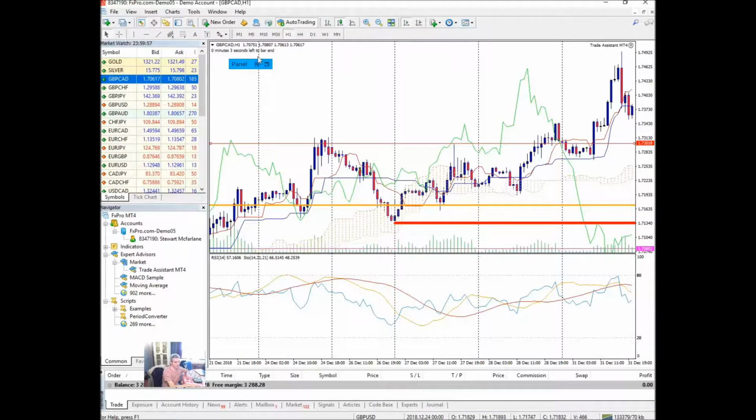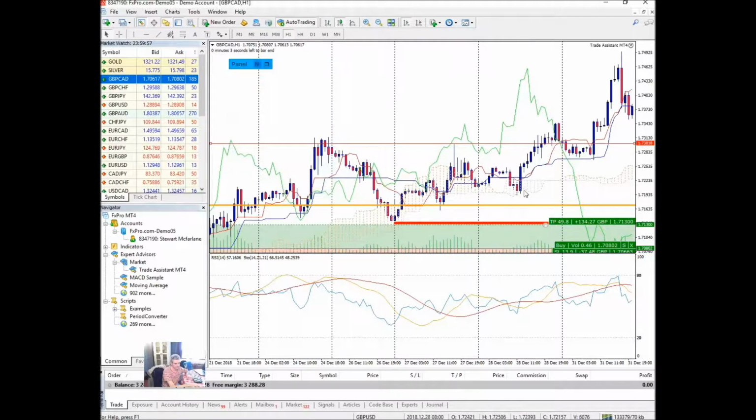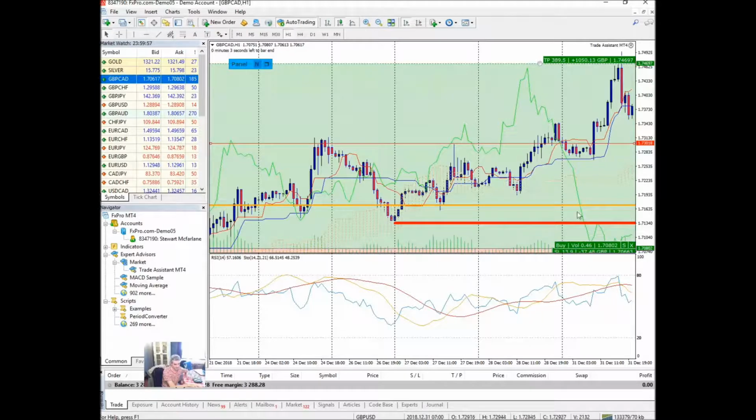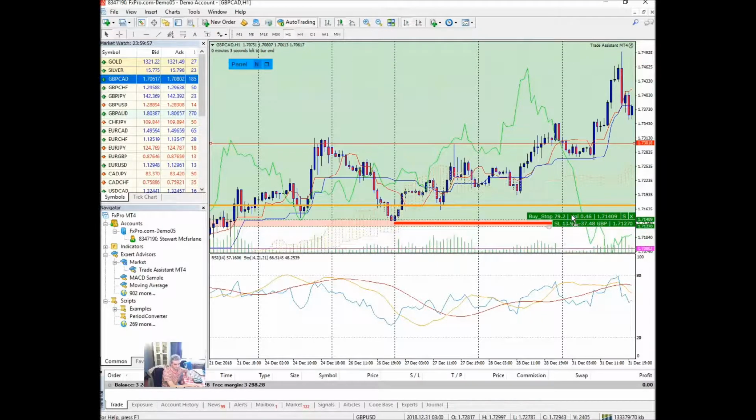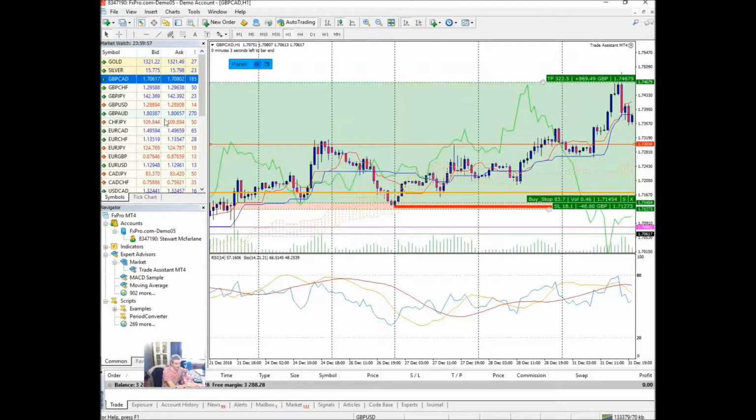So to get some context on this, there could have been a £40 to £50 risk on that, and an £800 profit target.